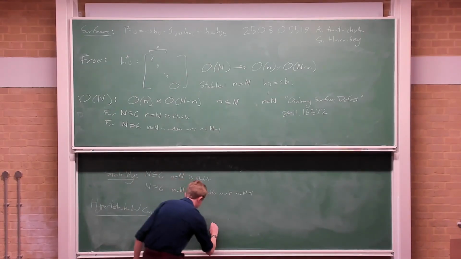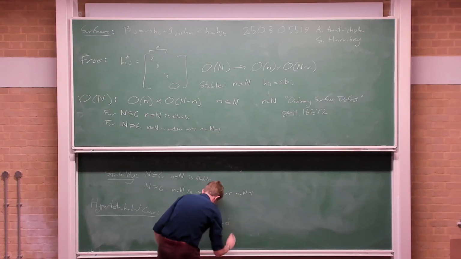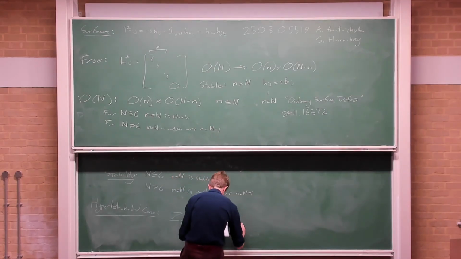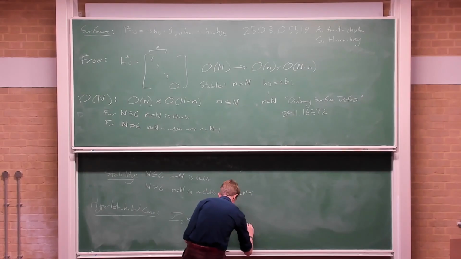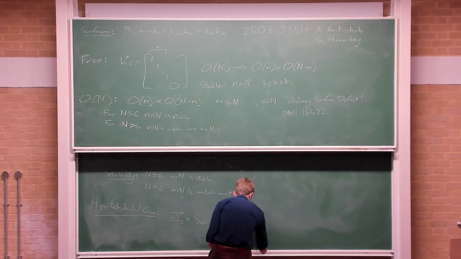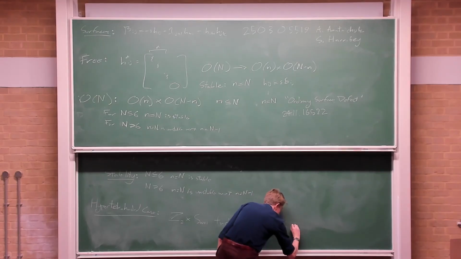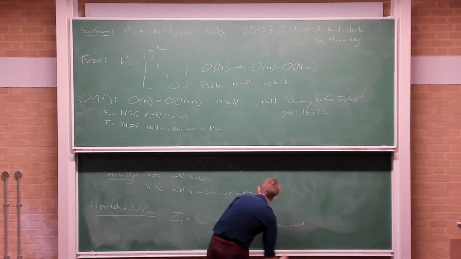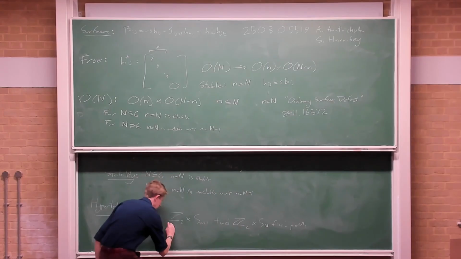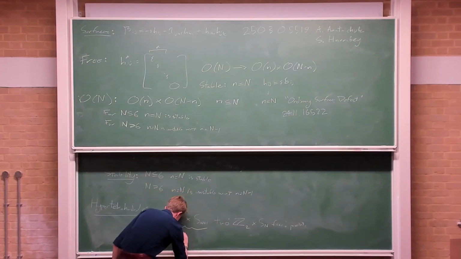And then there are two Z2 cross S_N fixed points. And here, this is always the stable point.